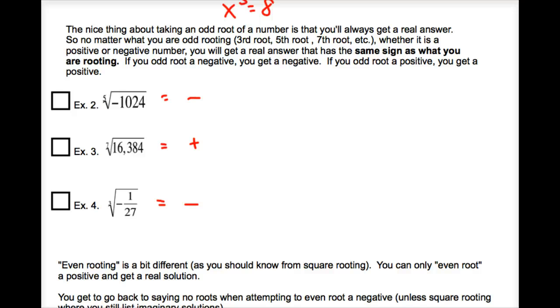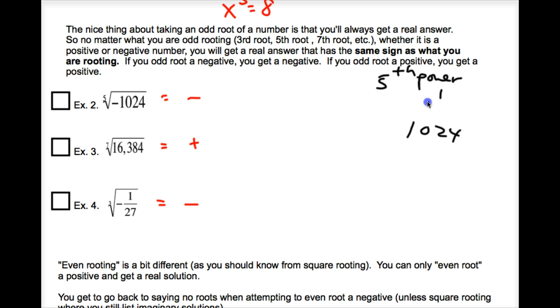The other part of it, you could simply go ahead and look at your half sheet that I gave you with the powers. In order to do the fifth root of 1024, what you should do is look at the fifth power column. And you'll notice that 1024 is on there.